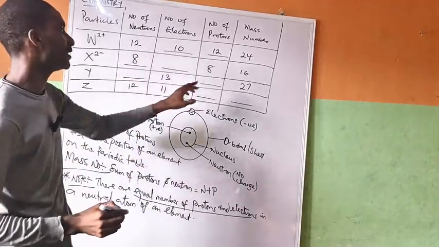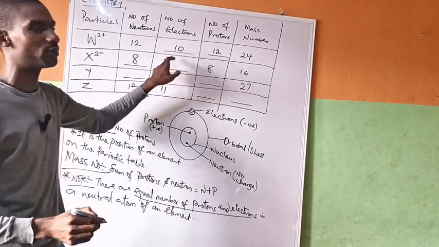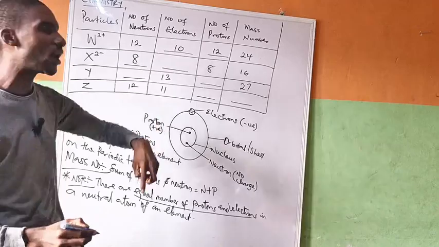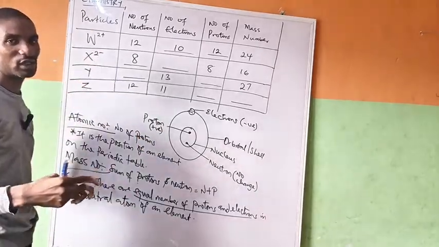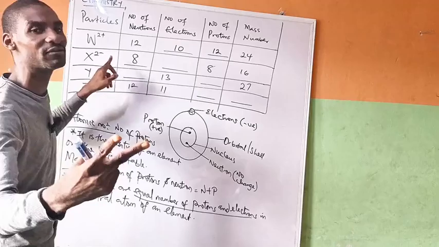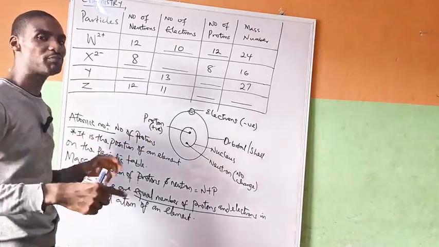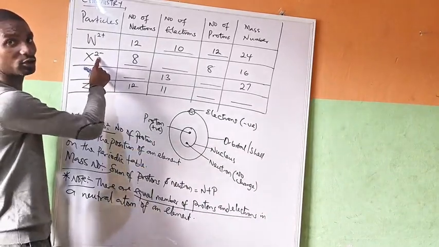Now naturally there is meant to be 8 protons and 8 electrons, equal numbers of protons and electrons. But because this negative means it has borrowed 2 electrons, there is an excess of 2 negative electrons that we do not have a positive to cancel out. That is why it's carrying the 2 minus.